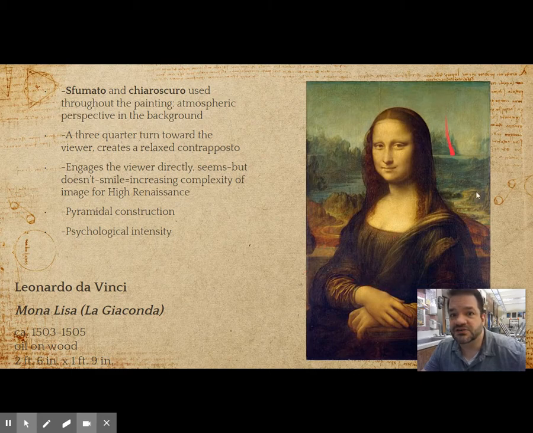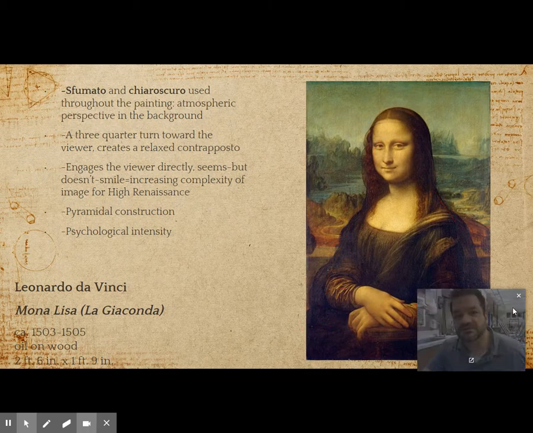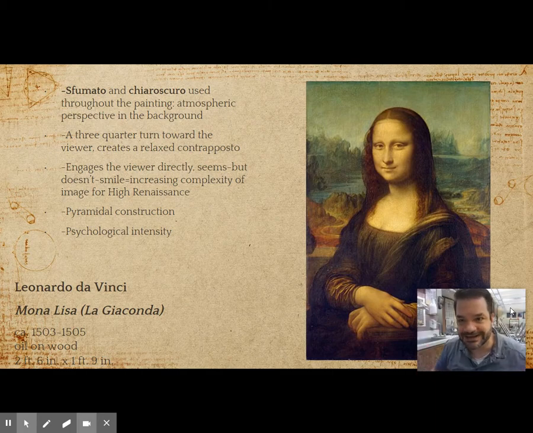That great pyramid composition, that equilateral triangle, because remember, it's intellectual, it's not emotional. So they're going to have these gorgeous, restful, symmetrical, balanced compositions. We're going to see that again and again.